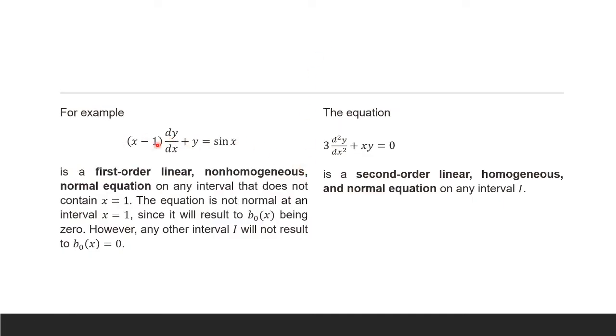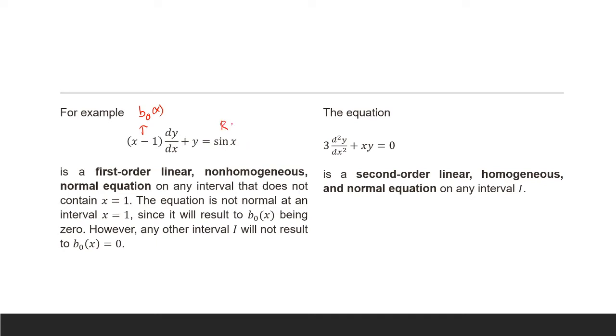We have x minus 1 dy over dx plus y is equal to sine x. This is just a first order differential equation. So yung x minus 1 natin, this is our b sub 0 of x times dy over dx plus y is equal to sine x.